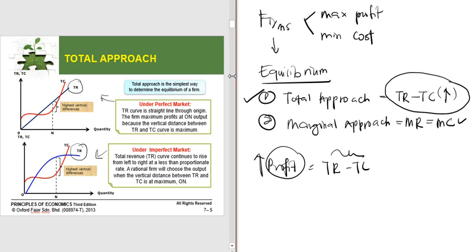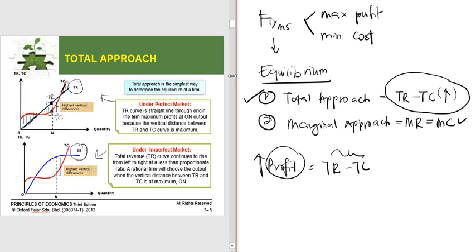This is basically the point where the gap is the biggest as compared to the other points. This is where you get losses, because total cost is higher than total revenue. This is also where you get losses, total cost higher than total revenue.